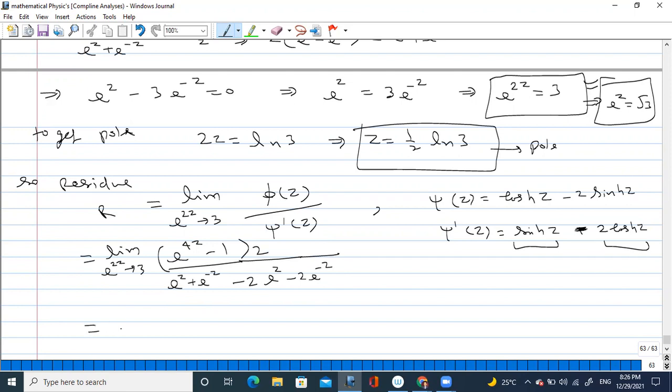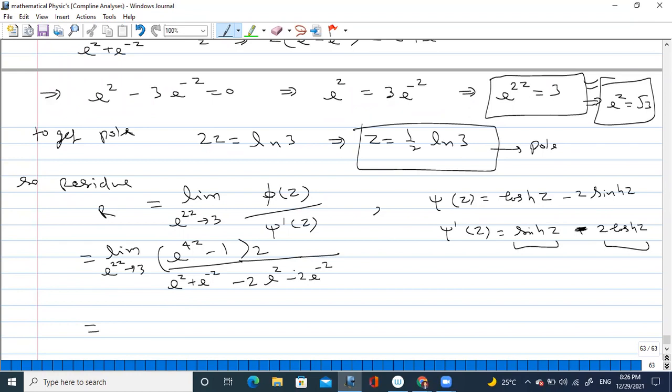Again, now what I can do, because I want to make it e to the power 2z, I can take e to the power minus z common. This is e to the power z minus 2 e to the power z, so it is again minus of e to the power z. And sin hyperbolic z should be minus.